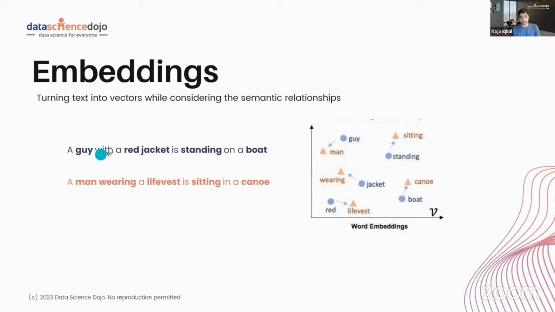There is a red jacket in the first sentence, and there's a life vest in the other. The guy is standing, the man is sitting. The guy is on a boat, and the man is in a canoe. It may not be obvious with just 2 sentences, but if we extend it to perhaps hundreds of millions of documents, then patterns start to emerge.